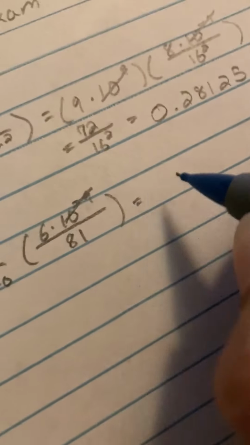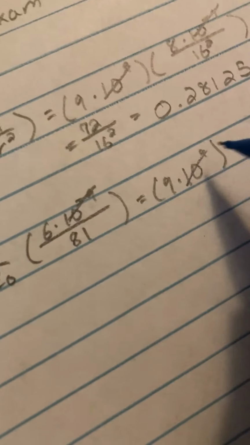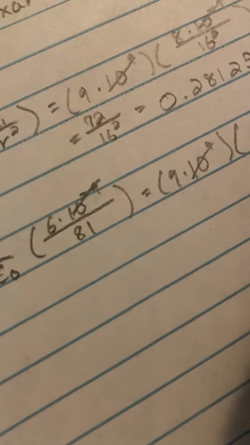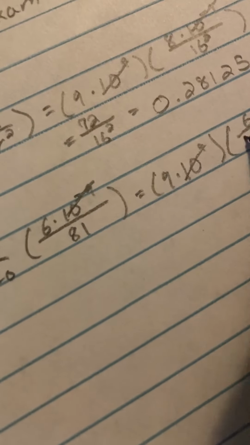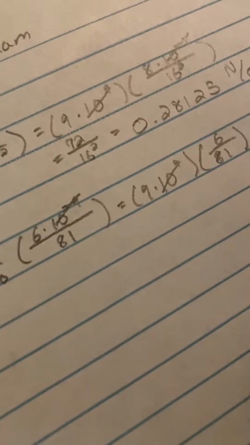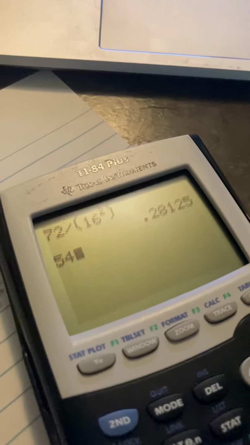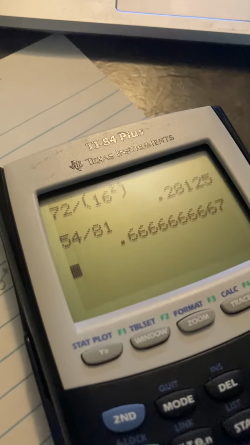So I'll just show you here. It would be 9 times 10 to the 9th times that, so that'll cancel out, 6 over 81. So we'll have 54 over 81, which is 2/3.